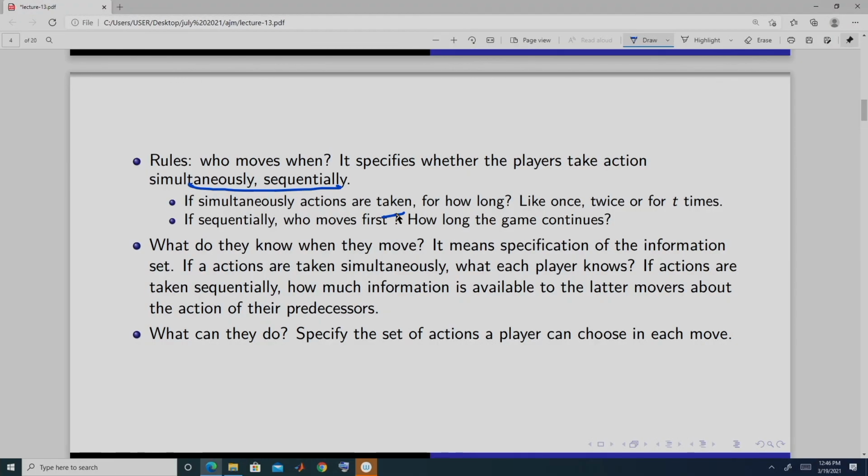It means that both players are choosing their action or strategy at the same time. If they are choosing simultaneously, then we have to specify whether they are going to play this game one time, or 2 times, or suppose some t times. Okay?